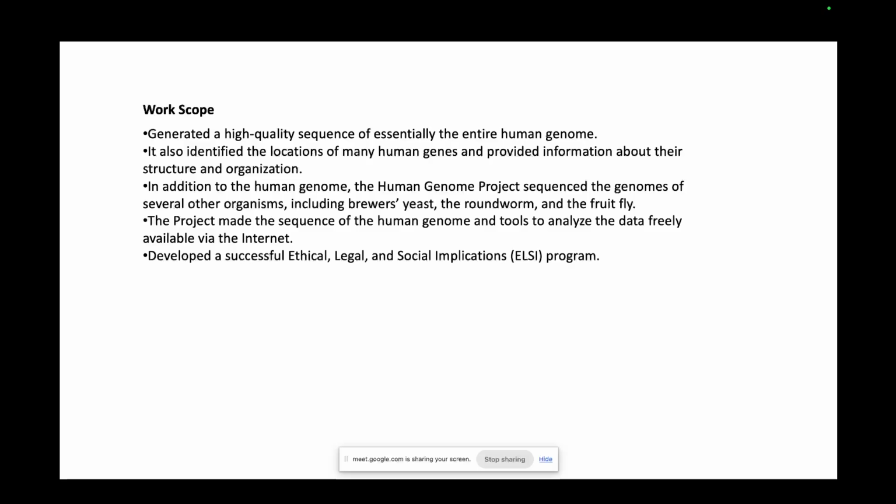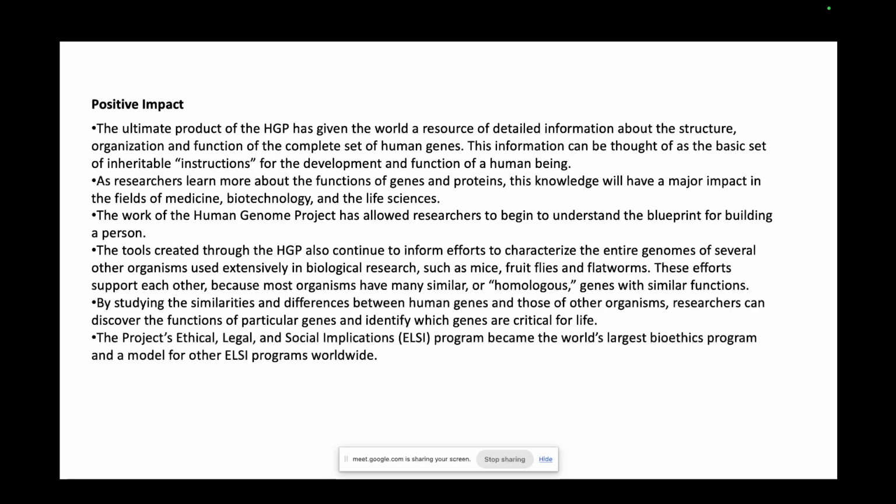The most important part of getting a human genome sequence for future projects was to have a reference genome, so that you can align to the reference genome in future projects and so on. Without this particular project, no genomics research would have been possible, right? It gave detailed information about the sequence, structure, and function of a complete set of human genes.